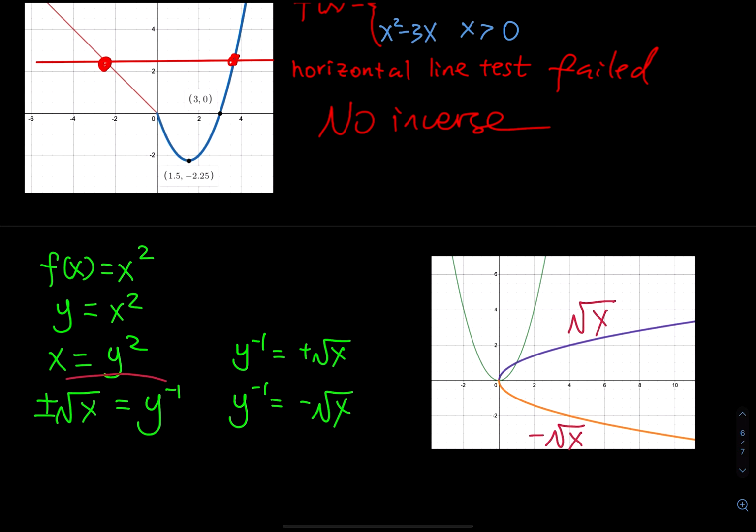In fact, this is not a function at all because the vertical line test failed. When x equals 9, y equals positive 3, and y equals negative 3.